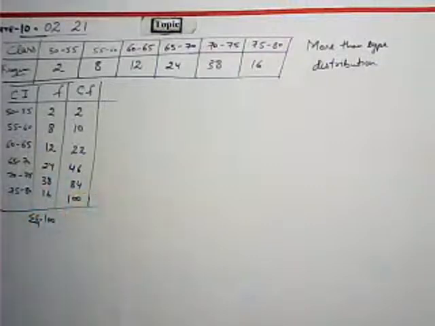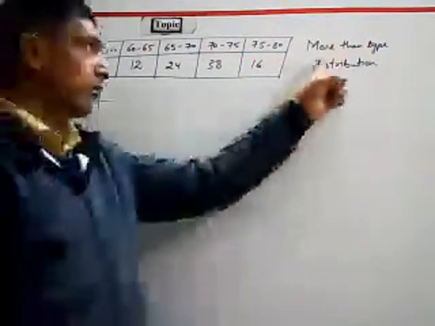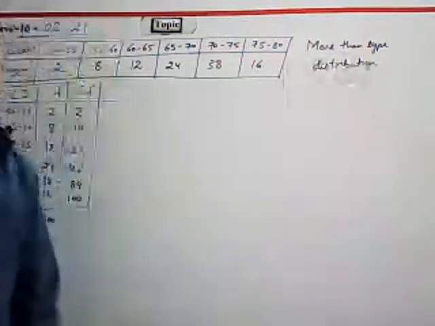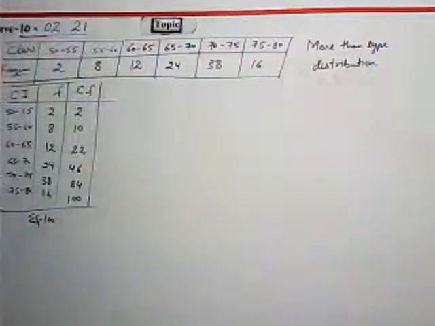Now we want to write the data in more than type, right? So we know when we are writing the more than type distribution, we will take the left hand side of these intervals, right? That is more than 50, right?